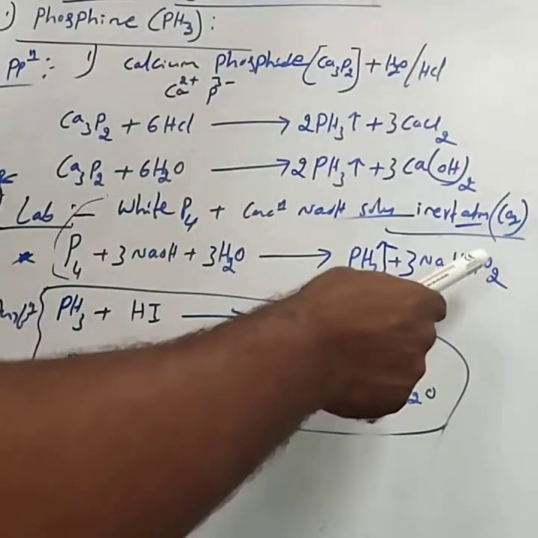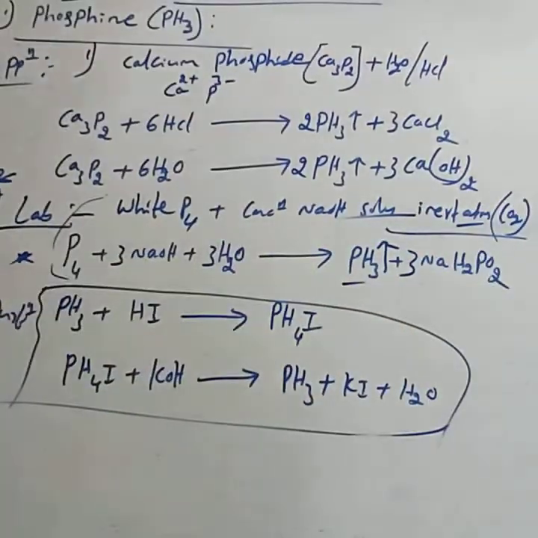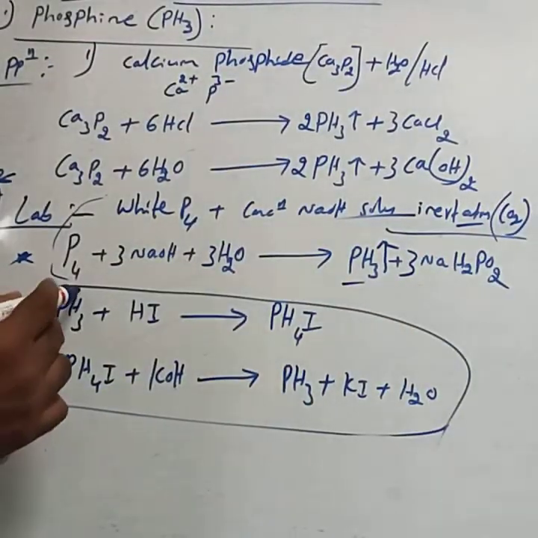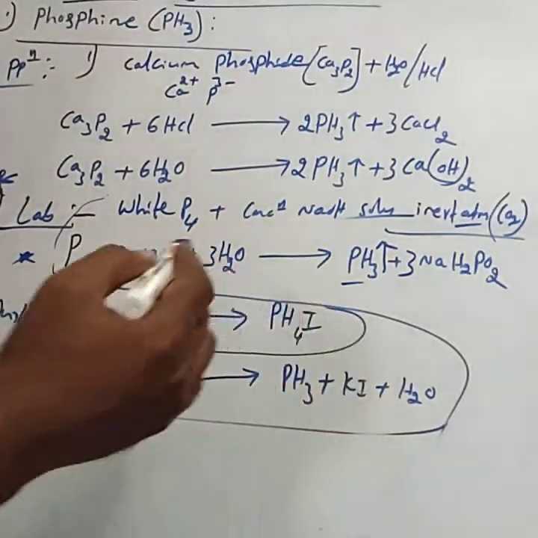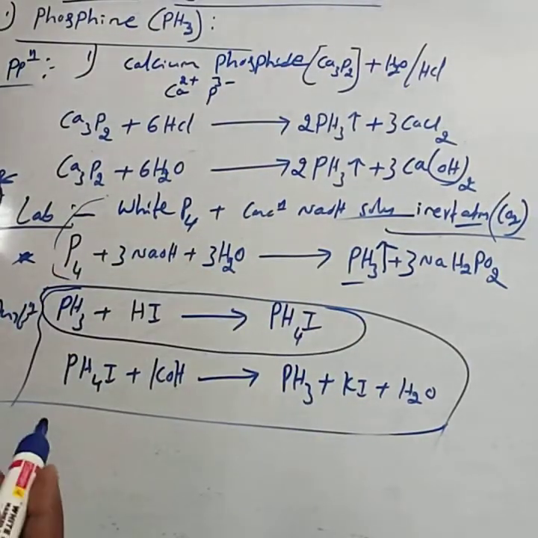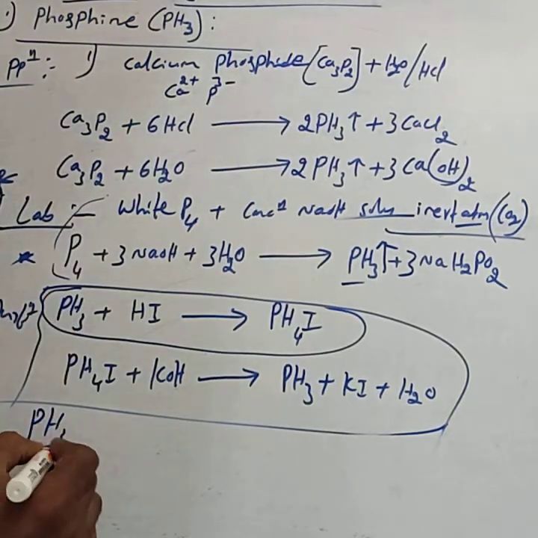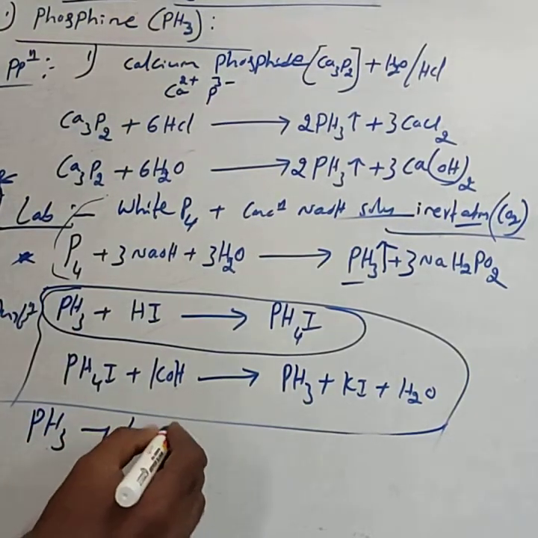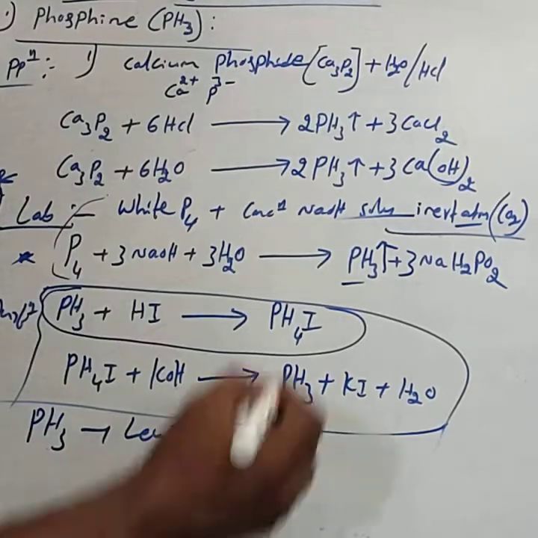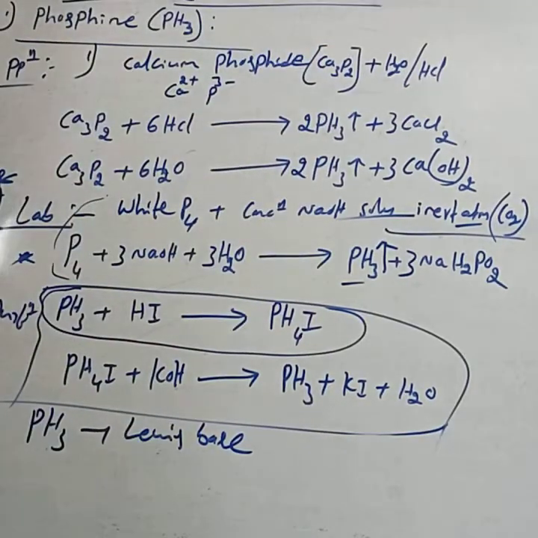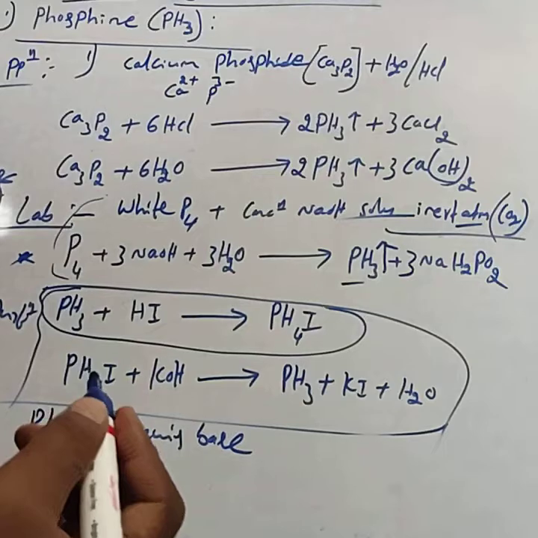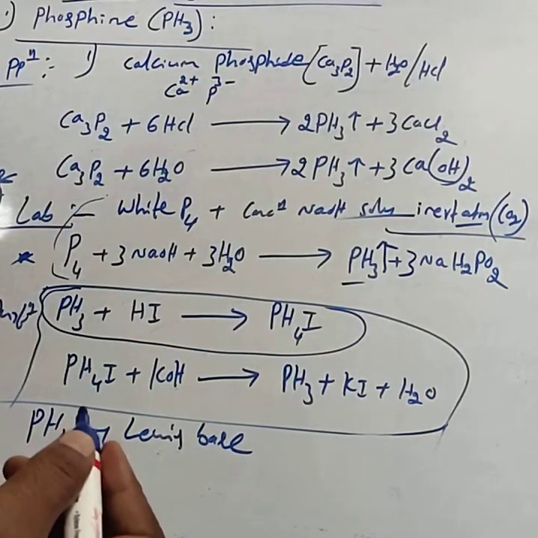This is sodium hypophosphite. Then in this reaction PH3 forms phosphonium iodide. Here PH3 acts as a Lewis base. Already in the first year syllabus we studied acids and bases.